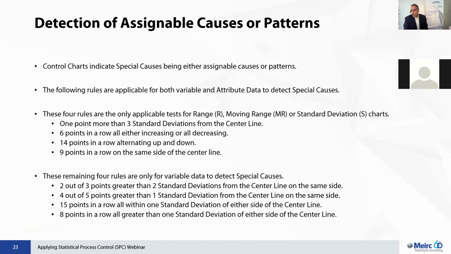So there are some rules that have been put for us, and if you consult any control chart statistical book or software, you will find the different types of rules to help me detect whether my points are assignable, whether there is something outside.